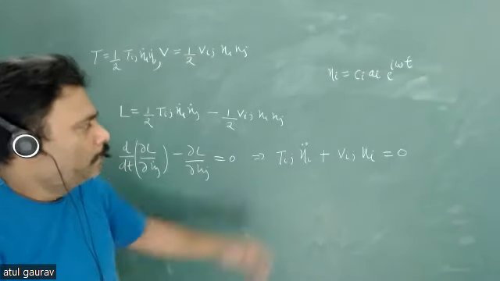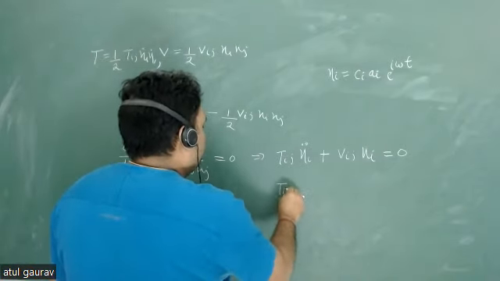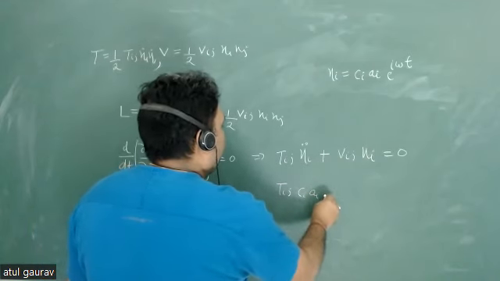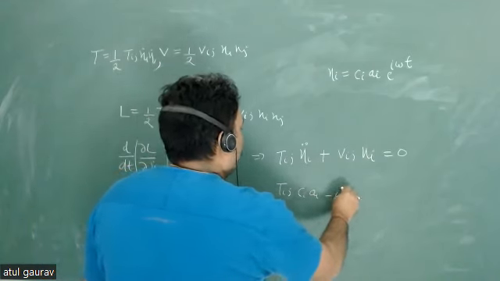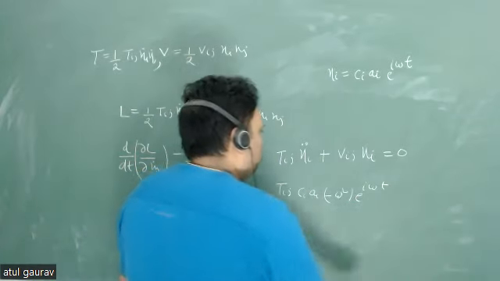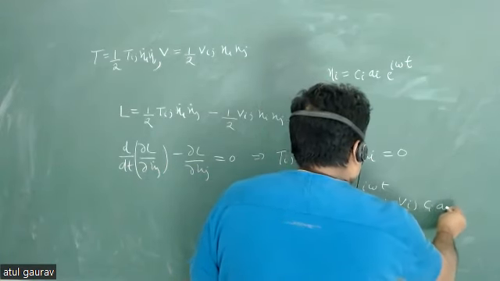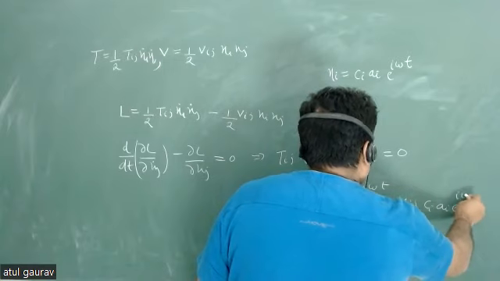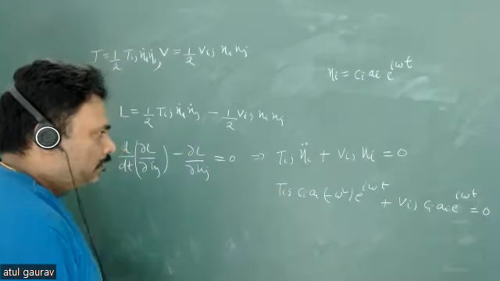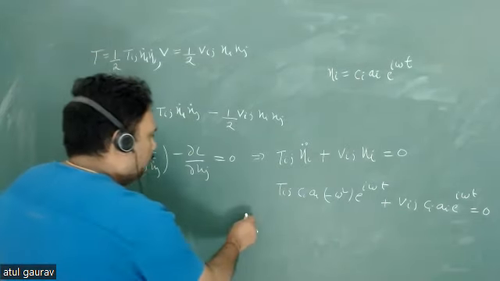Now, if you put this into this particular equation, then what will you get? Tij Ci Ai minus omega square e to the power I omega t plus Vij Ci Ai e to the power I omega t is equal to 0. Which term can we take common?